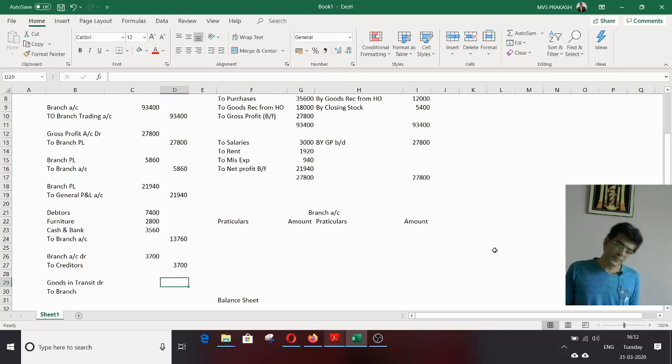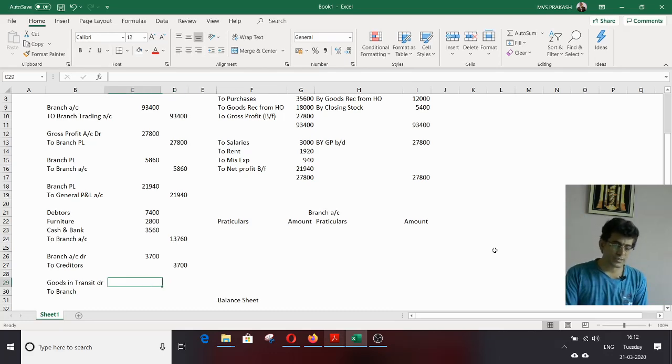That will be reflected in the trial balance. So goods in transit is showing a debit balance that the head office should bring into the books of the head office as an asset. That's what you are trying to do.